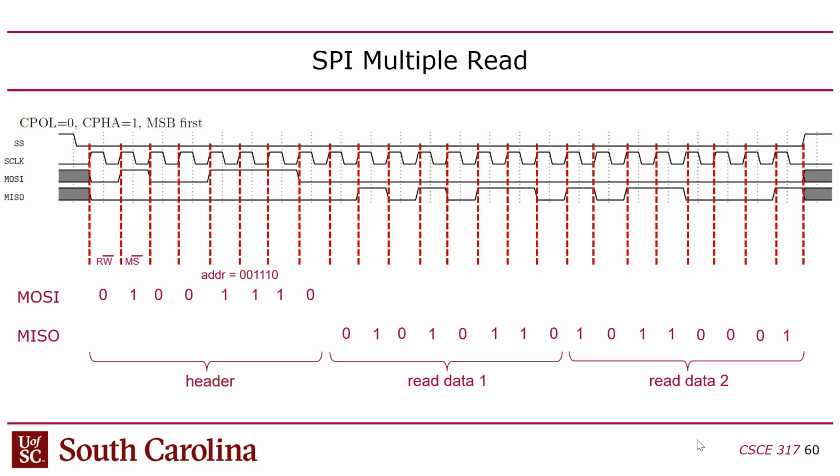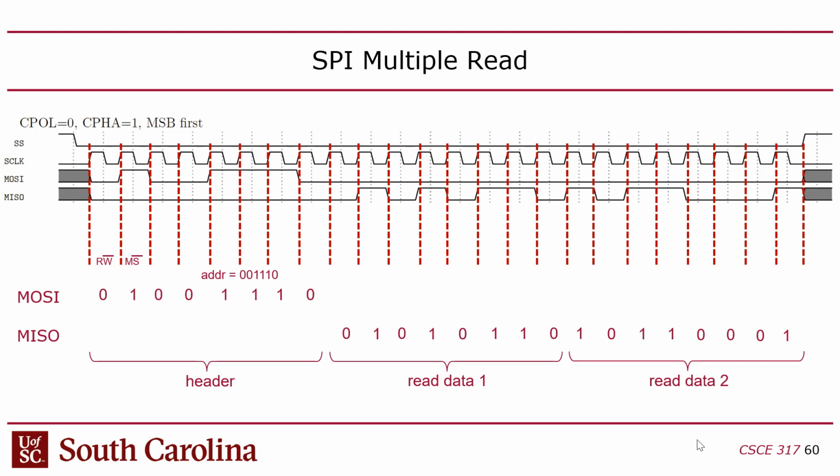Okay, so here's an example of that. So we've got a multiple, in this case, multiple read. So notice that the first exchange I have labeled as header, and then read data 1, read data 2 are the next 2 exchanges. The header has a read bit, which is 0, means I'm doing a read. Write, actually. No, that should be a read.